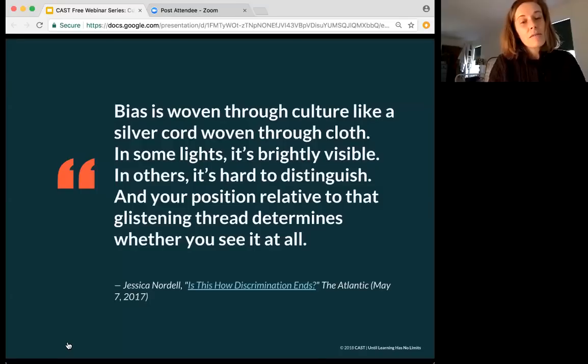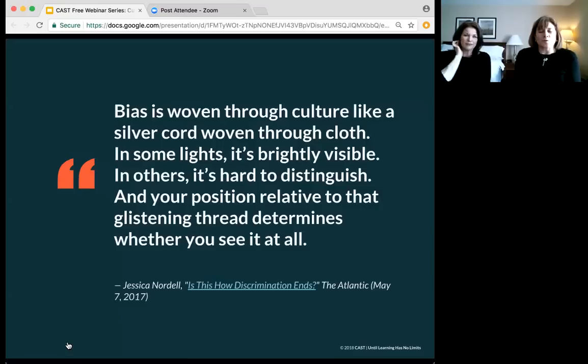We thought we would begin with a quote, and Loui, I'll let you speak to this quote. This was a quote that I read just recently, and I thought it had some nice imagery in it: bias is woven through culture like a silver cord woven through cloth. In some lights, it's brightly visible. In others, it's hard to distinguish. And your position relative to that glistening thread determines whether you see it at all.